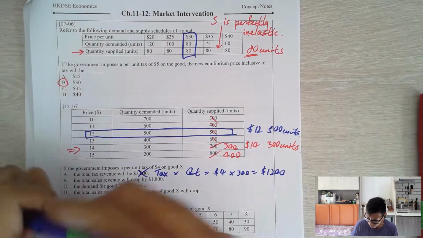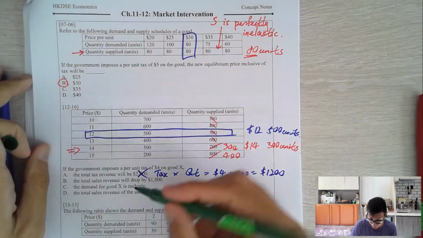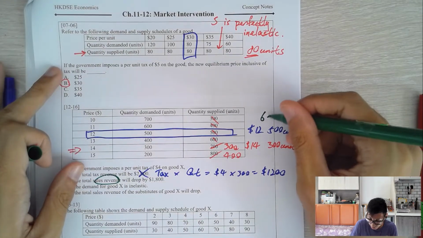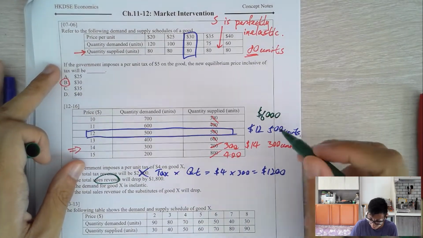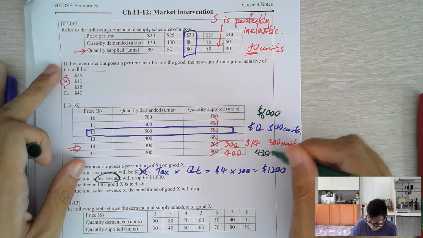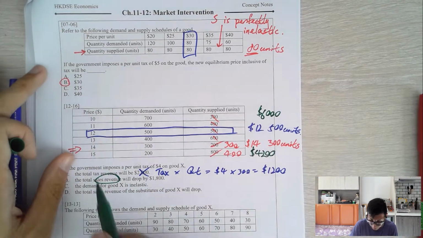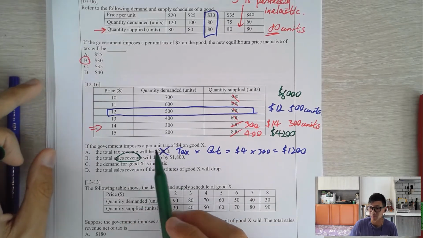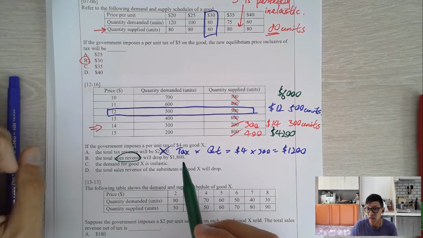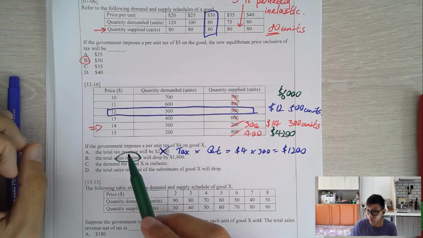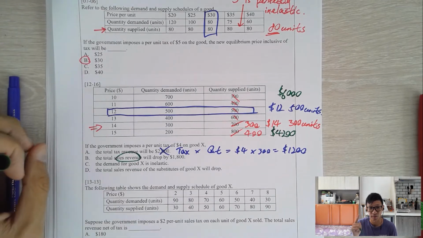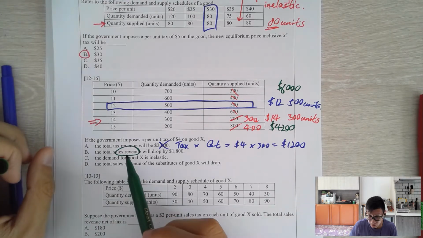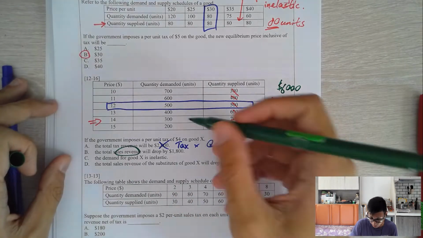This is 600. Okay, 4200. Now if it is saying before tax, then this may be correct. Again, it should have specified whether this is before tax or after tax. So let's leave it here.